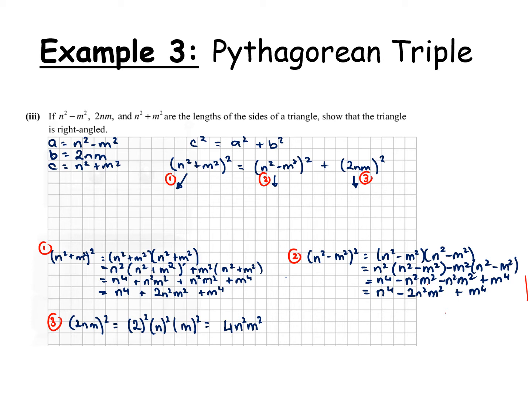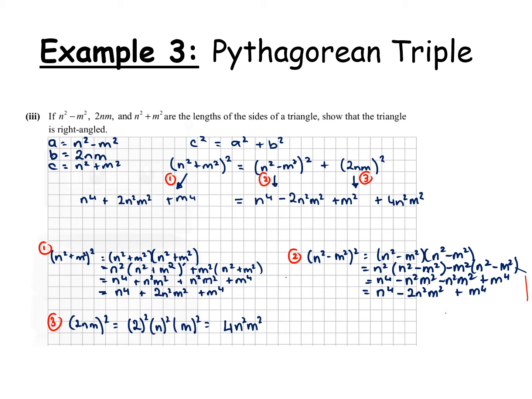What we got for the answer for part 1 was n to the power of 4 plus 2n squared m squared plus m to the power of 4 is equal to, part 2 we got n to the power of 4 minus 2n squared m squared plus m to the power of 4, and the last part was plus 4n squared m squared.